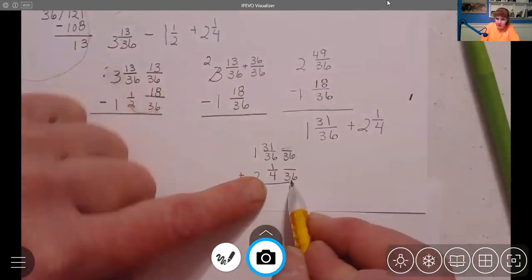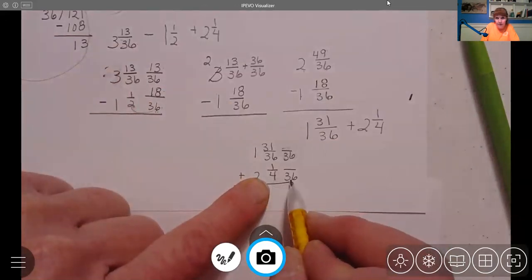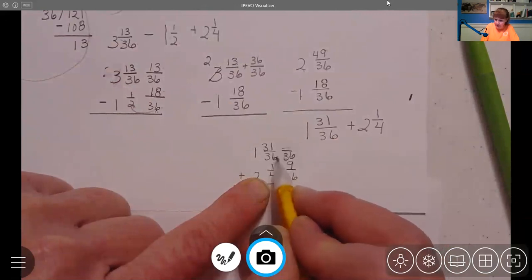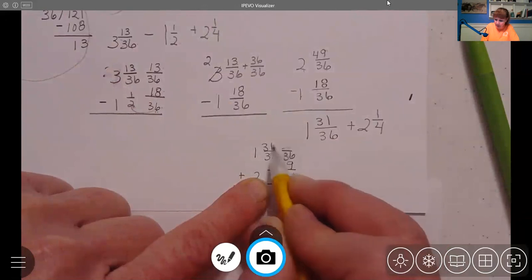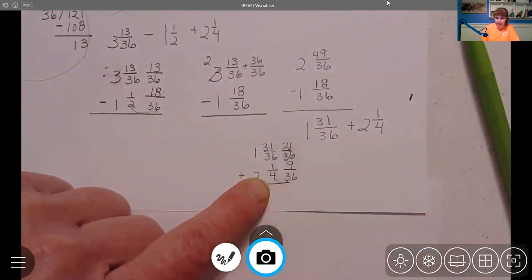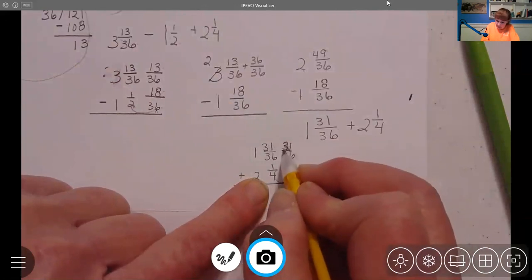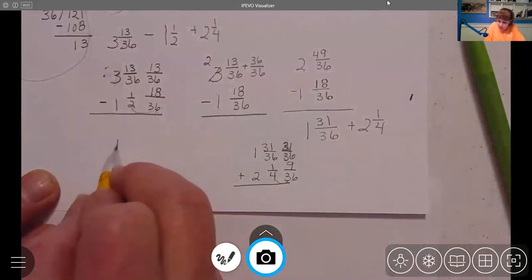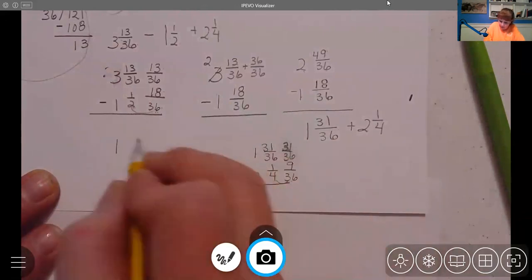All right, in order to go from 4 to 36, you multiply by 9. So you multiply by 9. 36 to 36, multiply by 1, multiply by 1. So that's a 3. Kind of gets hard to see that. So we have 1 and 31 over 36.